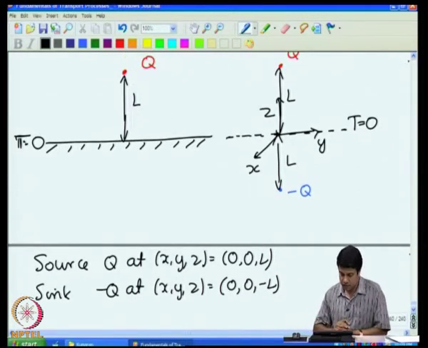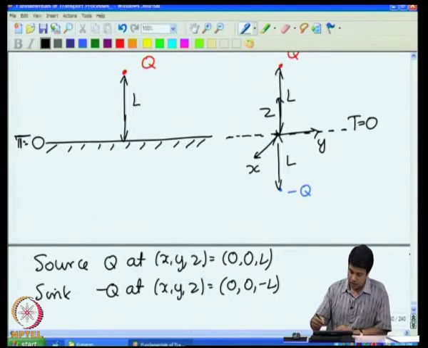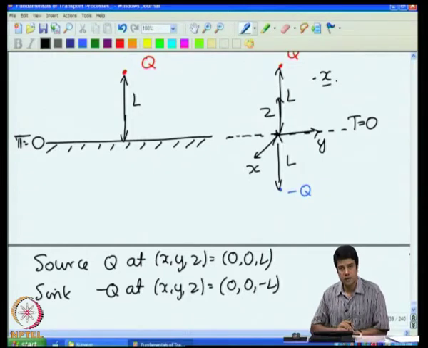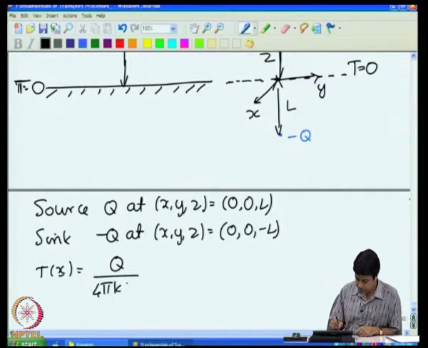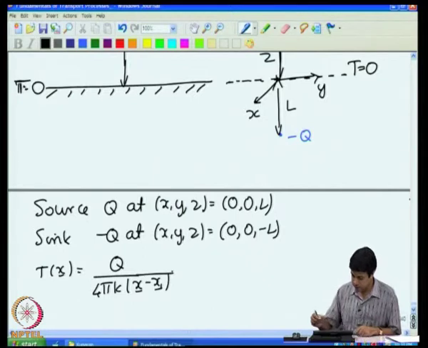I have a source at the location 0, 0, L. I have a sink at the location 0, 0, minus L. Therefore, the temperature at any location x in the second problem is just given by the temperature at the given location x is equal to q by 4 pi k into x minus x 1.